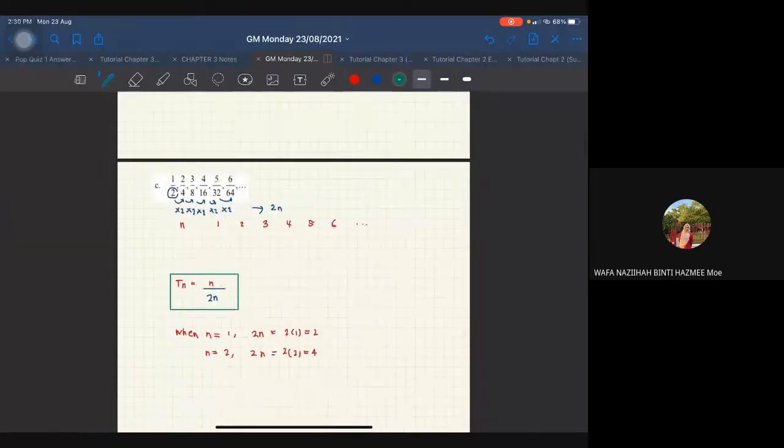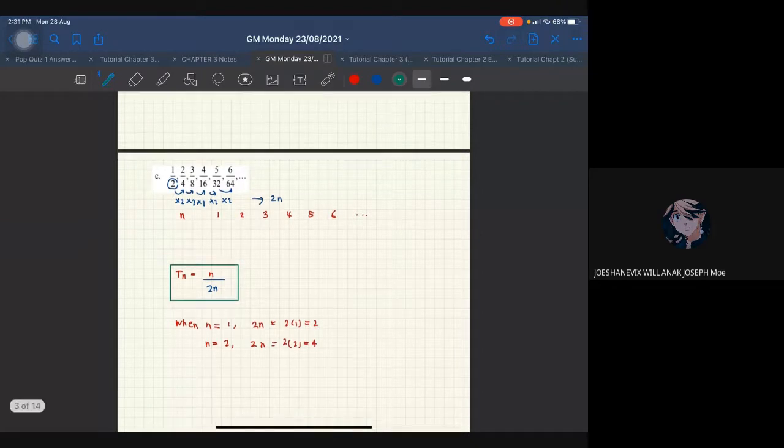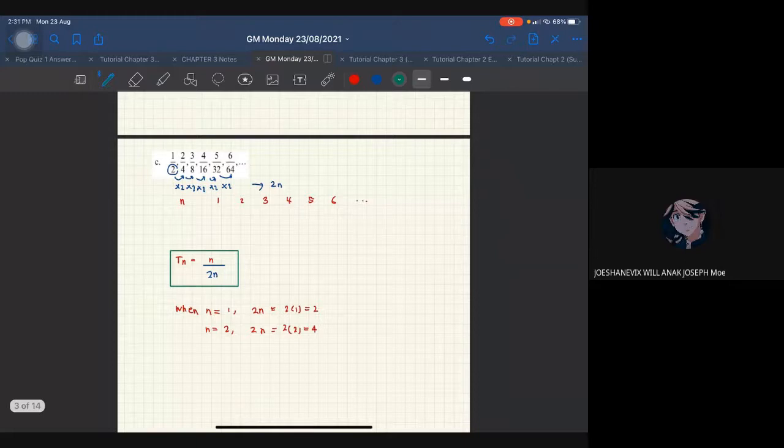Okay, itu sahaja untuk soalan nombor 1. Okay ke? Boleh. Student: the power of n kah? Macam mana lagi sekali? Sebab kalau n sama dengan 3 kan, 2n. Betul.